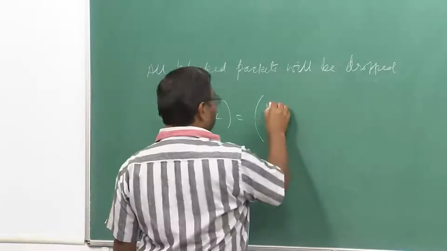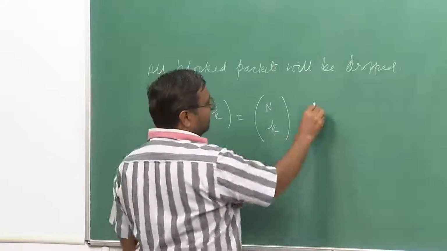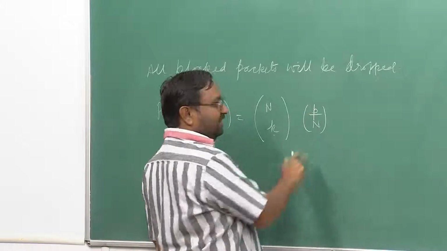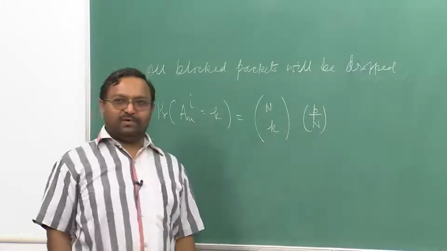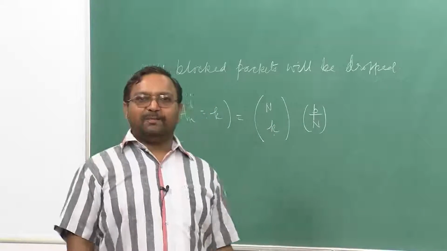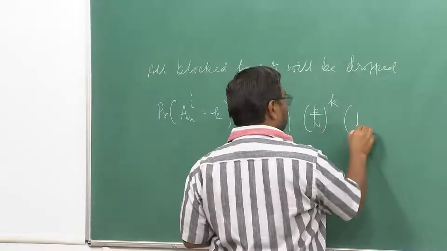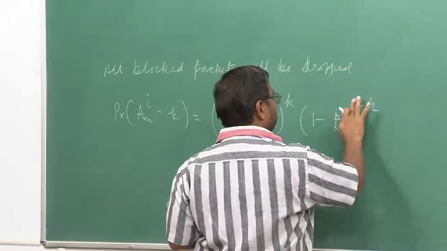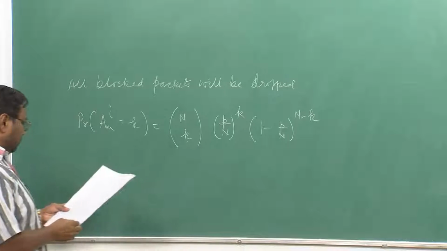So, I will get n choose k, just writing it in a different way, p by n to the k, where p by n is the probability that packets are coming in and being directed to one of the outgoing ports, that is 1 by n probability. So, p by n is getting a packet at an outgoing port, times 1 minus p by n to the n minus k. So, p is the arrival probability.